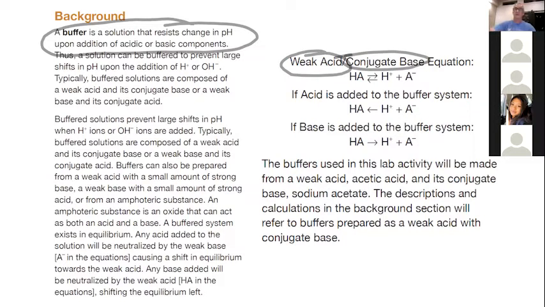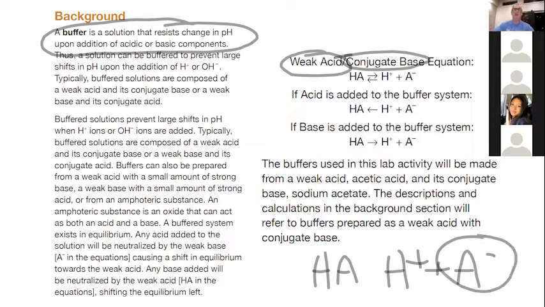So HA is considered the weak acid, which doesn't dissociate very much, into H+ and A-, this being the conjugate base that's produced. Remember that this reaction goes in both directions, and especially goes backwards because it's a weak acid. So we don't make very much H+, and so the pH doesn't go down tremendously.